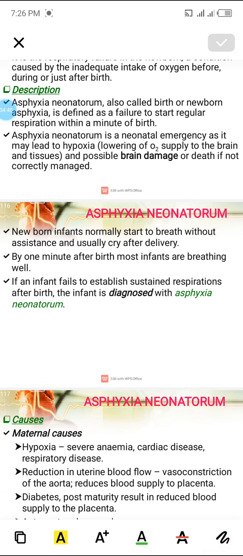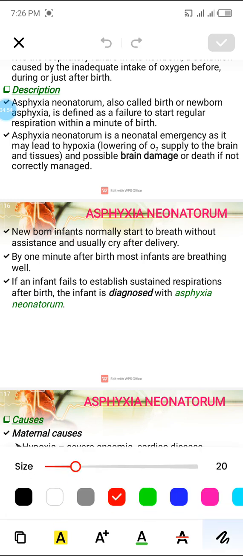Then let's look at other issues. How can you diagnose that this baby is having a problem with breathing? You're just going to say that this baby has failed to establish or sustain respirations.